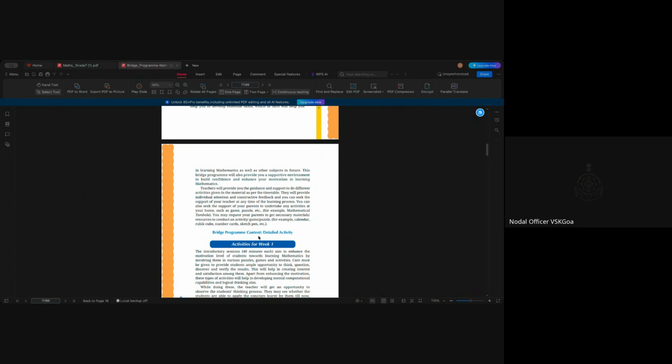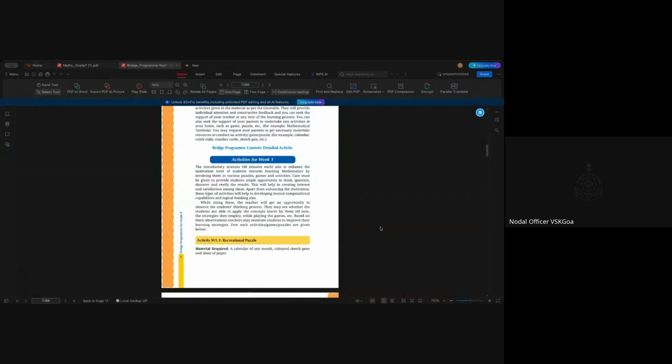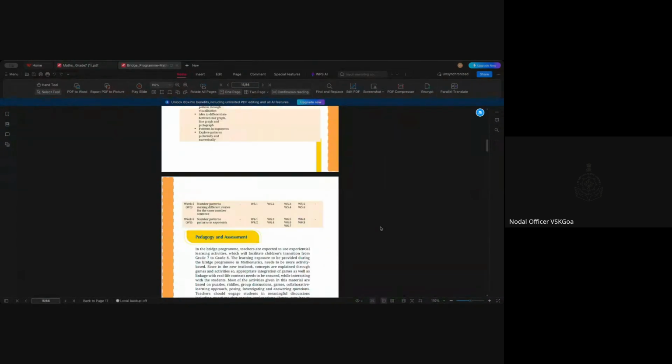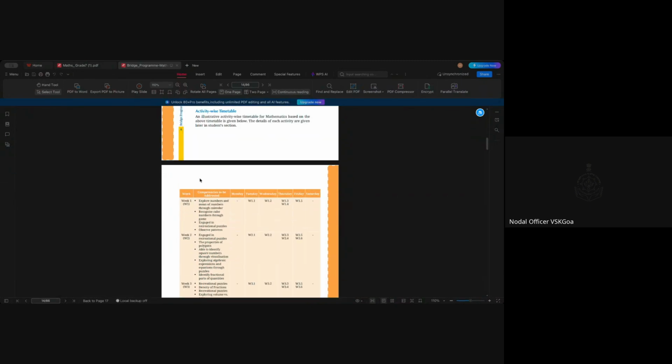In the 7th grade, those activities are given directly, mapped to one particular competency and one particular curricular goal. But here it is not mentioned. Now you have to do it on your own. The curricular goals and competencies are mentioned at the end in the form of an appendix. So please go through it, and see the timetable which I mentioned here. The competencies are also mentioned over here.